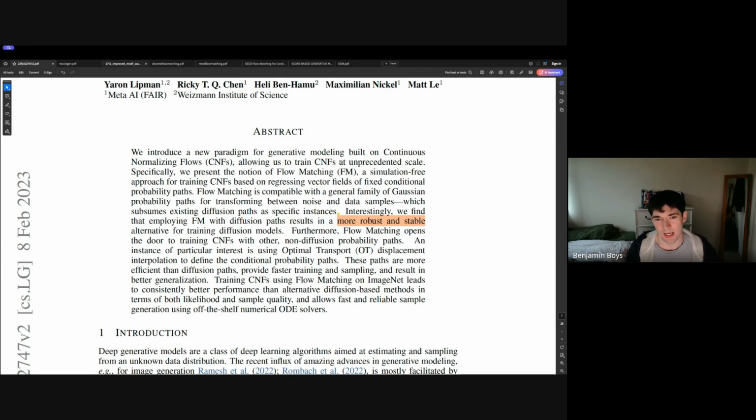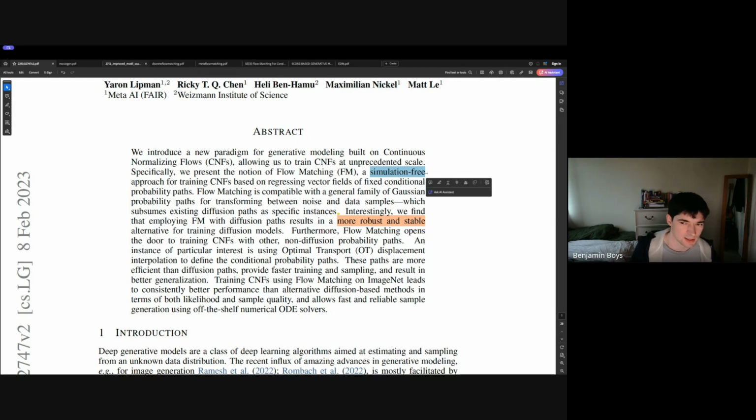And so this is called simulation free, when you don't need to run a simulation of an ODE, like a numerical solve, or an SDE, or if we're talking about Markov chains, you don't need to simulate a Markov chain in sequence. You just take one step and then reverse that step.